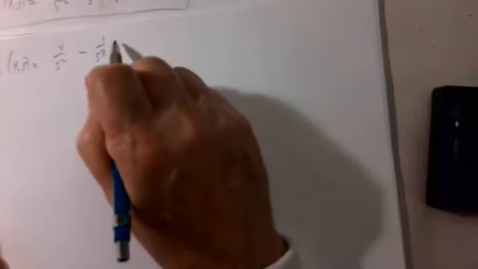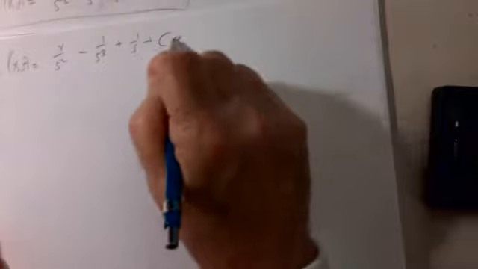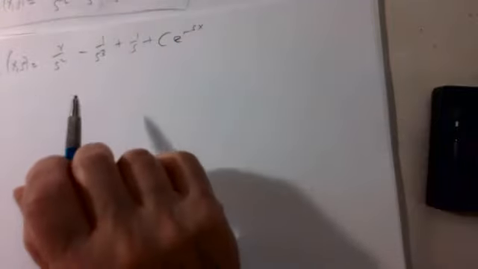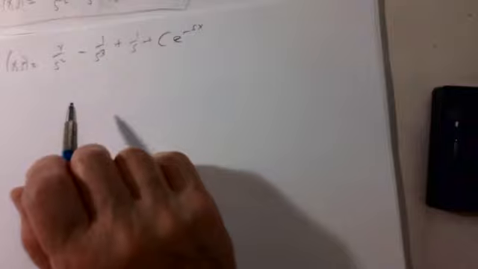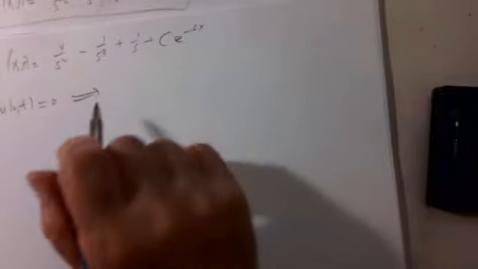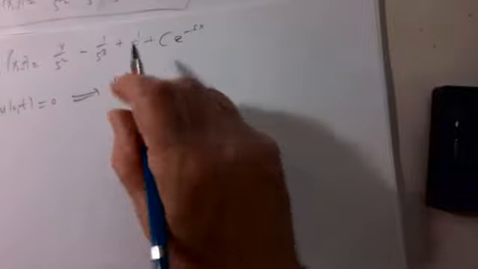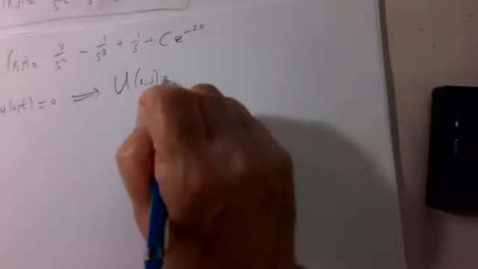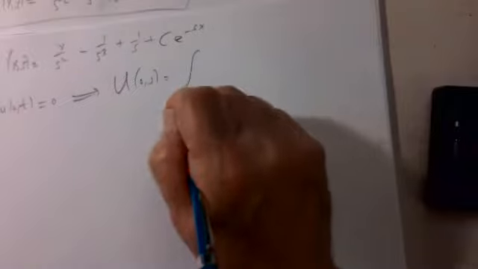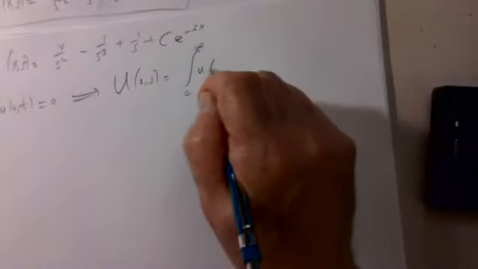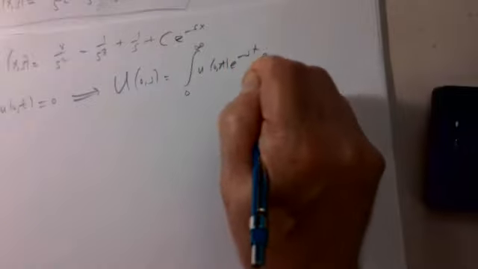So u of x comma s is x over s squared minus 1 over s cubed plus 1 over s plus c e to the minus sx. But I also know that u of 0, t is equal to 0. So that means that capital U of 0, s, this is the integral from 0 to infinity, u of 0, t e to the minus st dt, is going to be 0.